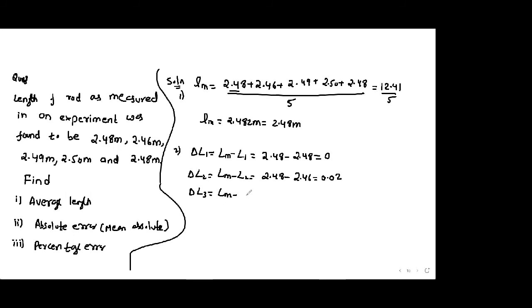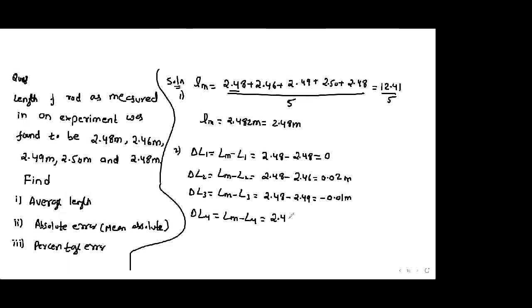Delta L3 is the mean value minus L3. The mean value is 2.48. The measured value is 2.49. If you subtract this, it comes out to be minus 0.01. Similarly, delta L4 is the mean value minus L4.